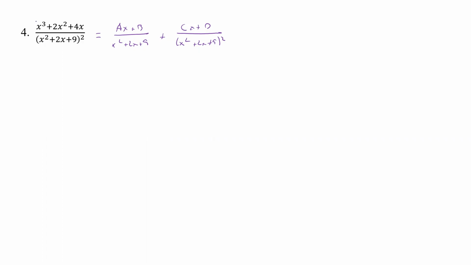And so now we multiply by the LCD, x squared plus 2x plus 9, the quantity squared. So then that gives us x cubed plus 2x squared plus 4x equals. Now, one of those cancels one of those. We have ax plus b times x squared plus 2x plus 9. And then plus, those cancel, so we just have cx plus d.